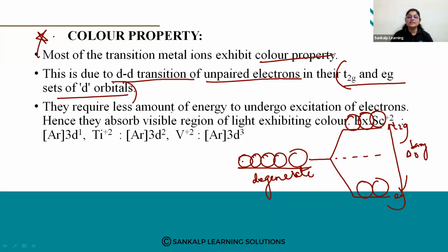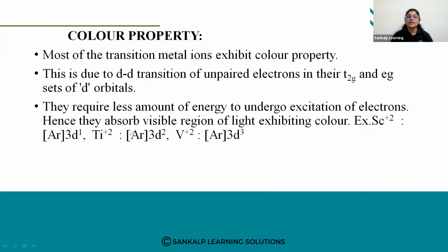They require a lesser amount of energy to undergo excitation of electrons, hence they absorb the visible region of light, exhibiting color. So a less amount of energy is required for excitation of electrons, and they absorb the visible region of light. Due to this, they exhibit color.